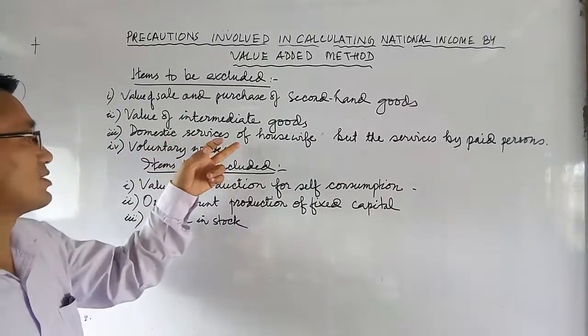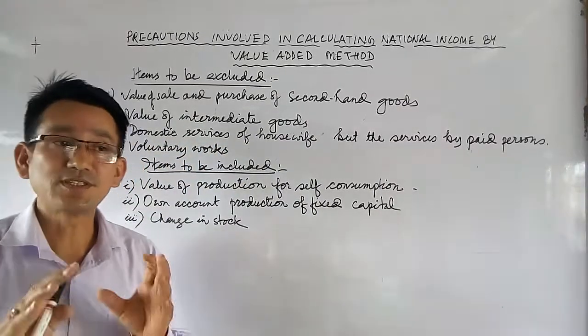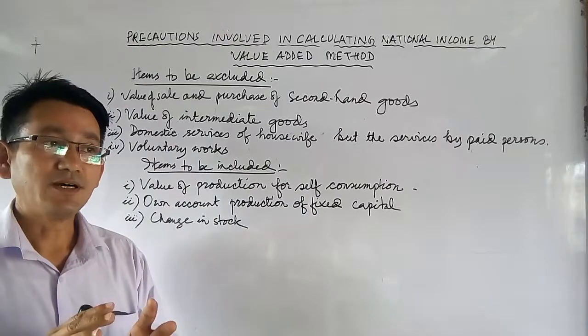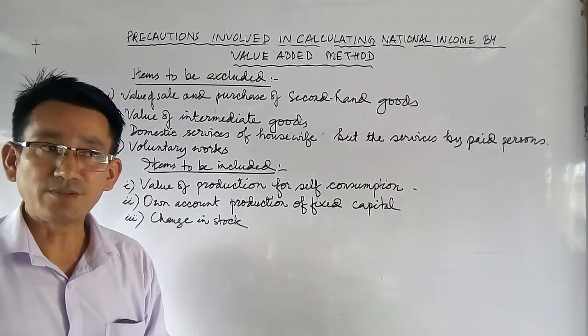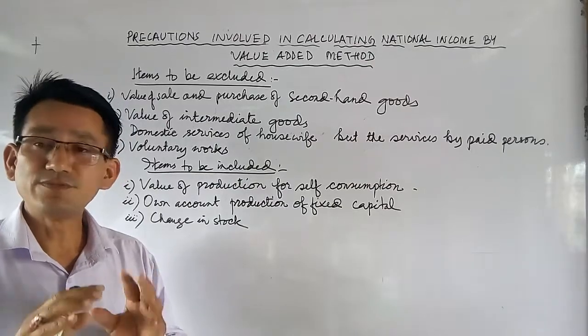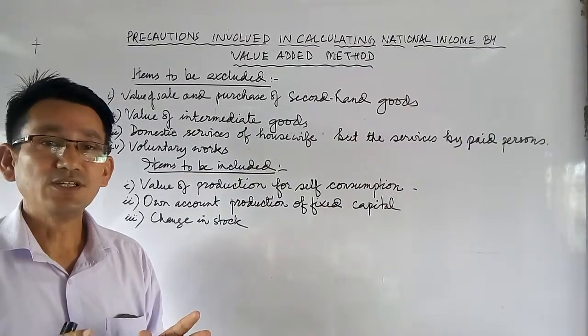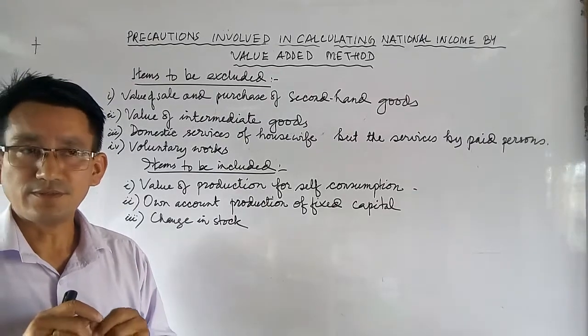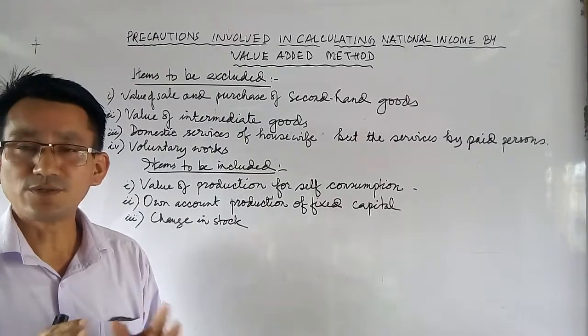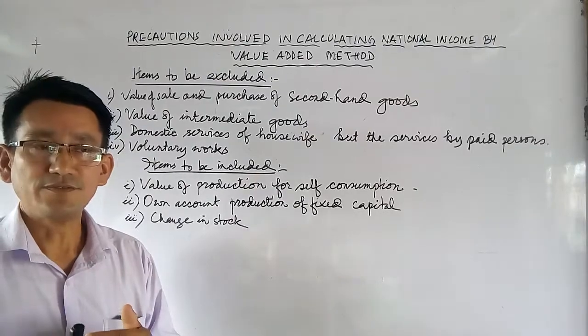Then the domestic services of the housewife. The value of domestic services of a housewife is also excluded while calculating national income by the value added method, because it is not easy to calculate. There is no measuring rod for this value.